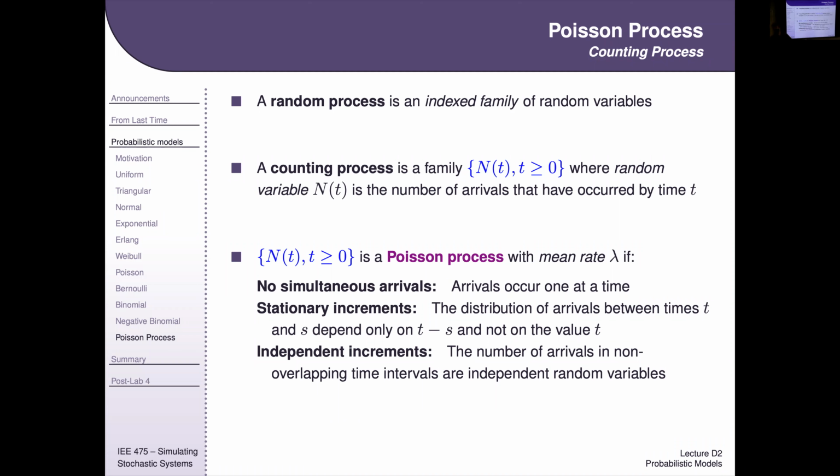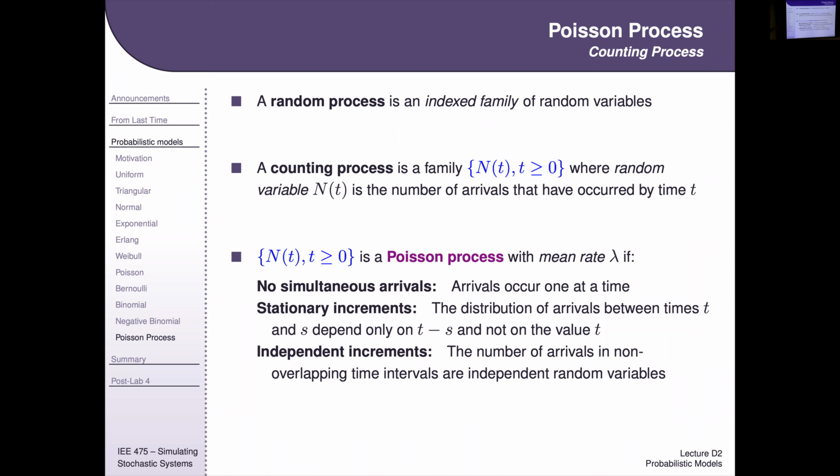So it's a collection of random variables that all have some index, like time, that relates one random variable to another. So for example, a counting process is a family which we would index by t, where t is time, and time could be anything greater than 0, so it could be continuous, where at any time, we have a random variable, which is, say, the count of events up to that time.